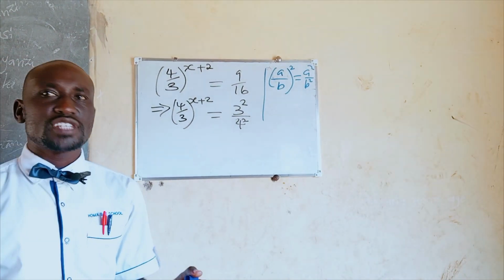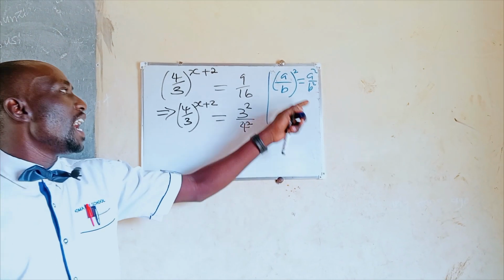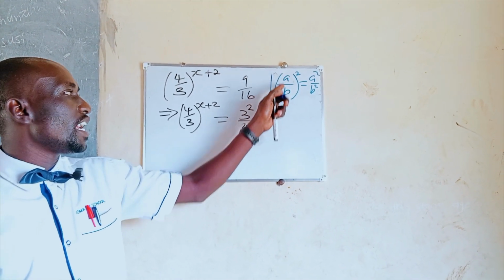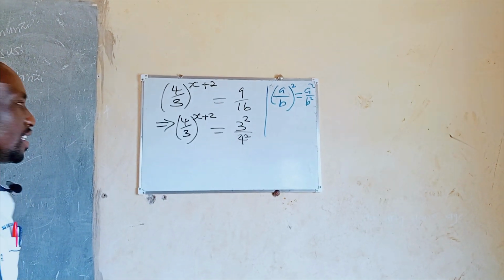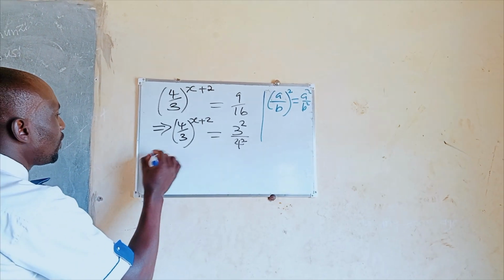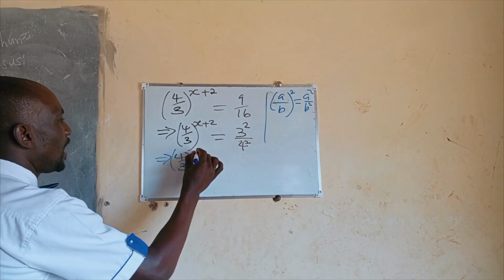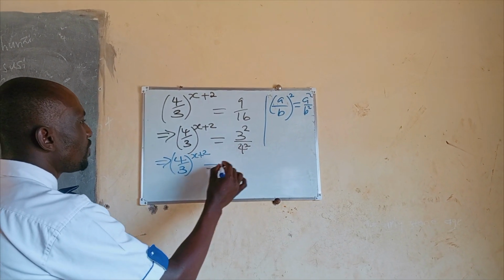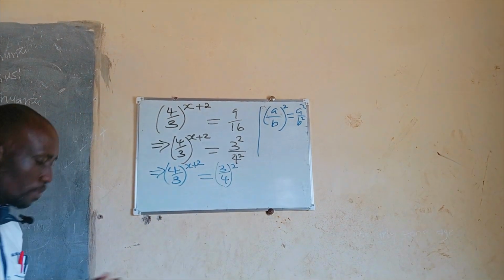It's therefore true to say that if I have a squared over b squared, I can have this as (a/b) squared. We are going to apply that here, and therefore we will have (4/3)^(x+2) is equivalent to (3/4)^2.